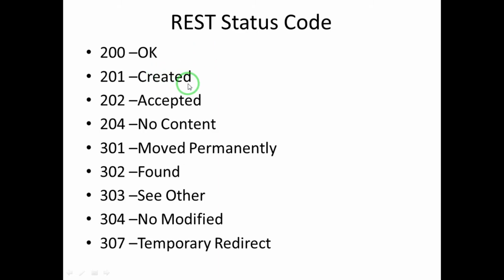Similarly, when you insert some record by using a POST request, then we say 201, which means the record has been inserted. We also have some authentication or agreement type of things. If the server accepts the request, then we can say 202, the request is accepted. Similarly, we have so many status codes, and you can find them on the internet also.